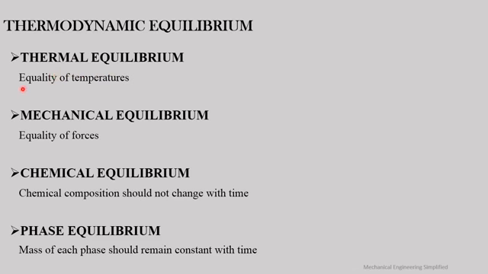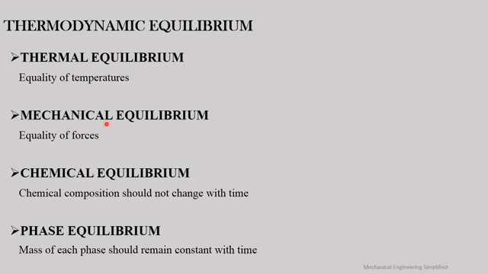What is thermal equilibrium? Thermal equilibrium means equality of temperatures. If the temperatures are not equal, then there will be a heat flow within the system, and in that case we say that the system is not in thermal equilibrium. Then mechanical equilibrium means equality of forces, or the forces arising due to pressures.